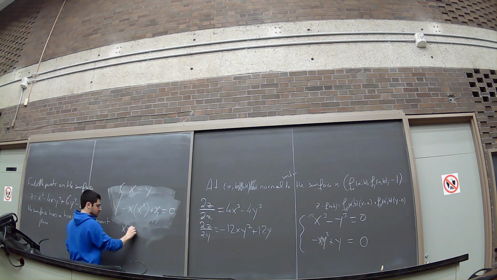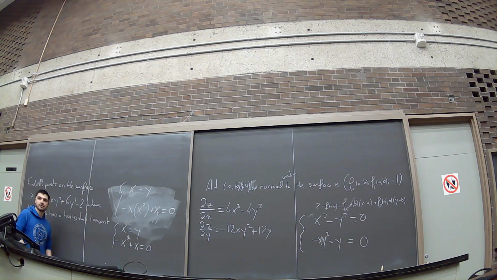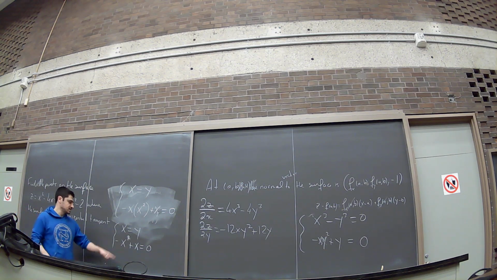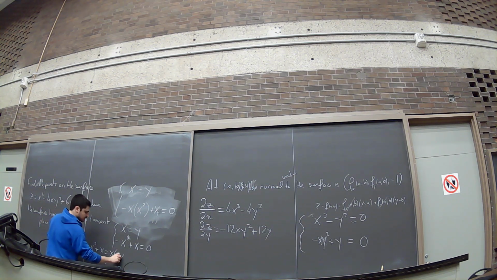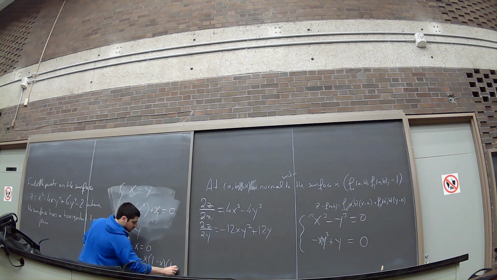We have x equal y and minus x cubed plus x is equal to 0. What is the solution of this one? How many solutions does it have? Factor an x out. So what do you get? Minus x cubed plus x. This is just x times minus x squared plus 1. This is just x times 1 minus x times 1 plus x.